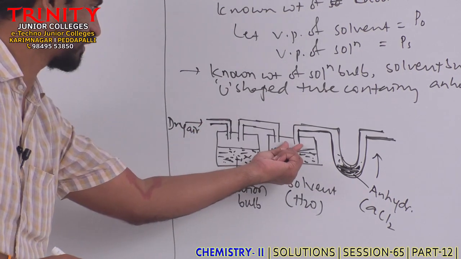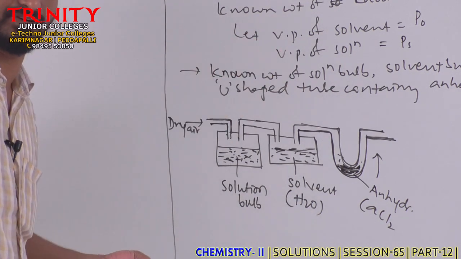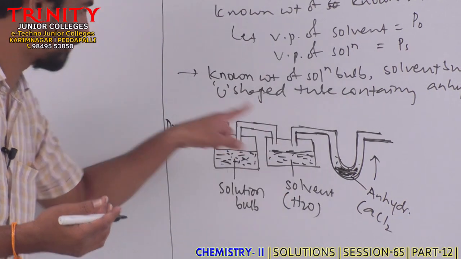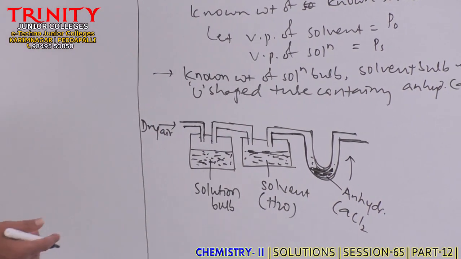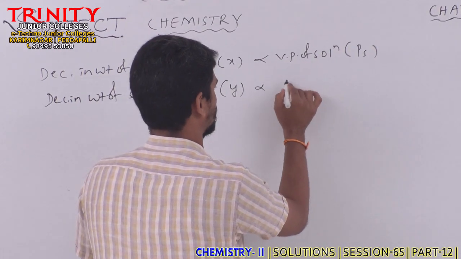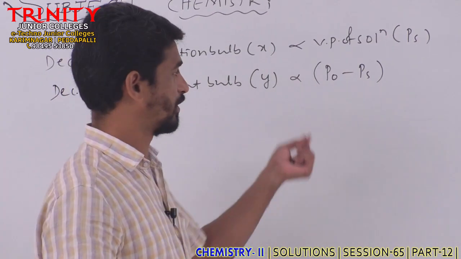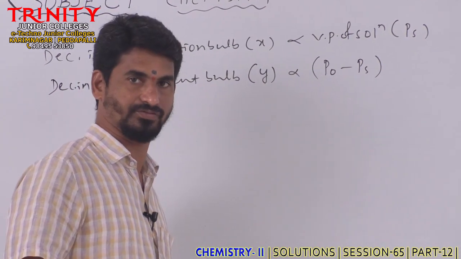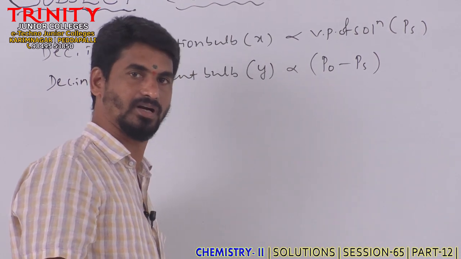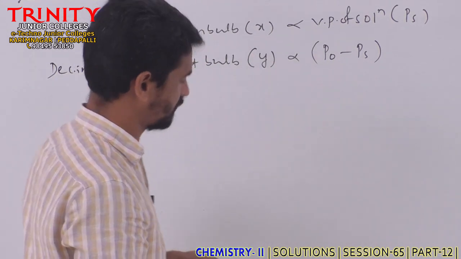So whatever vapors are absorbed here, that is not directly proportional to the vapor pressure of solvent. It will be directly proportional to the vapor pressure of solvent minus vapor pressure of solution. So we can say the decrease in weight of solvent bulb Y is directly proportional to P naught minus Ps, vapor pressure of solvent minus vapor pressure of solution. Why? Because air is not directly coming into solvent bulb, right or not? So here Y is directly proportional to P naught minus Ps.